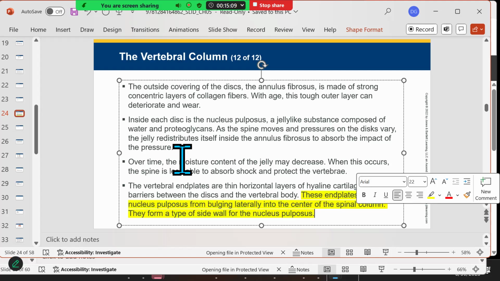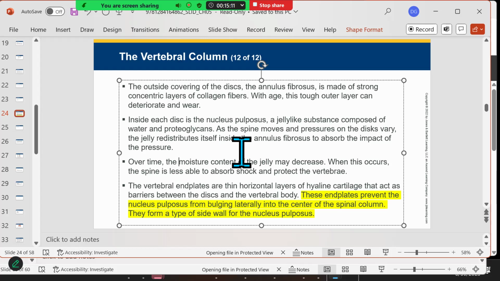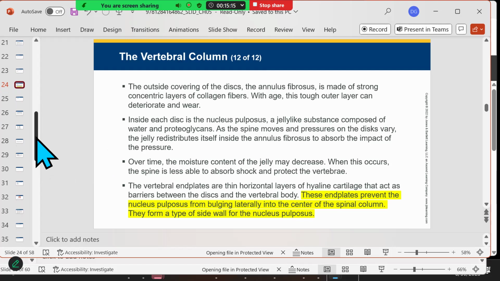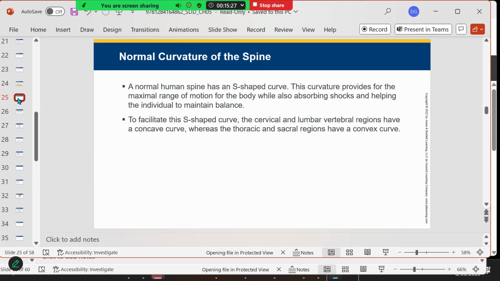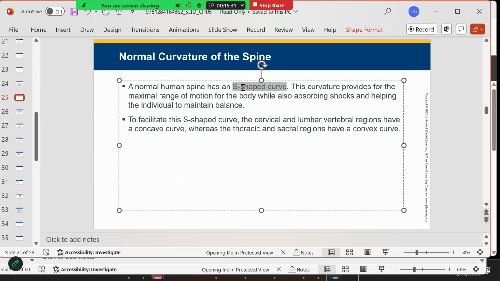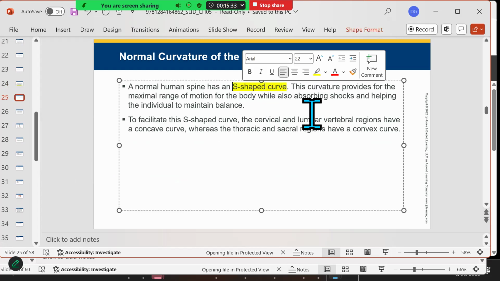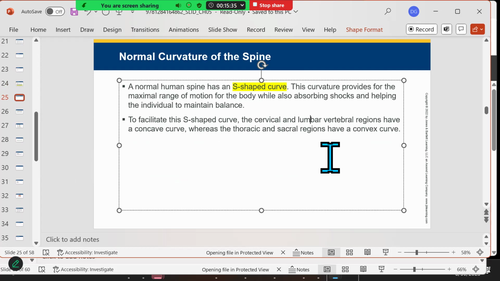And that only happens with injury or aging, when they just become more rigid, less flexible as the patient ages and may have trouble. Normal curve is an S-shaped curve that just provides a good balance, like shock absorbers.